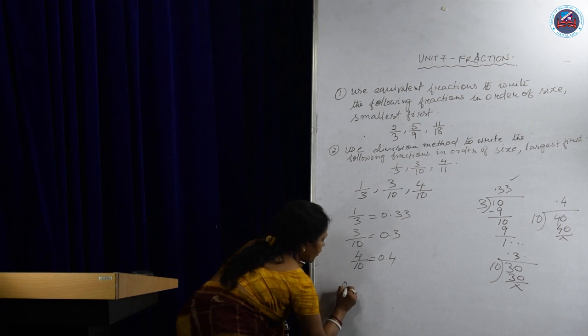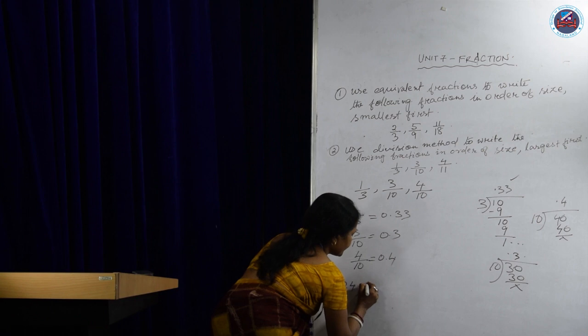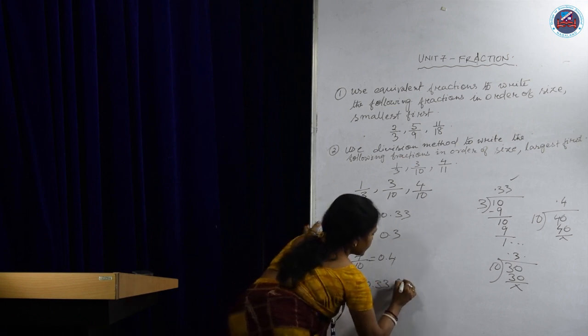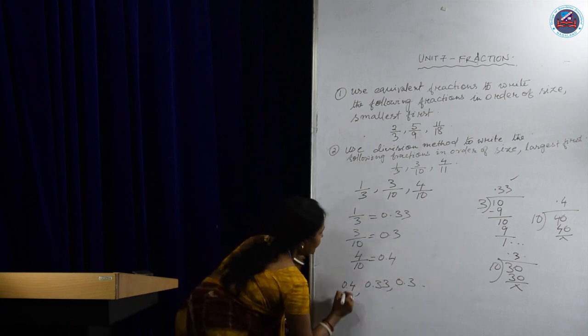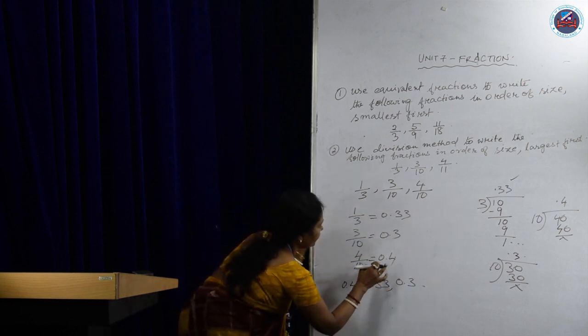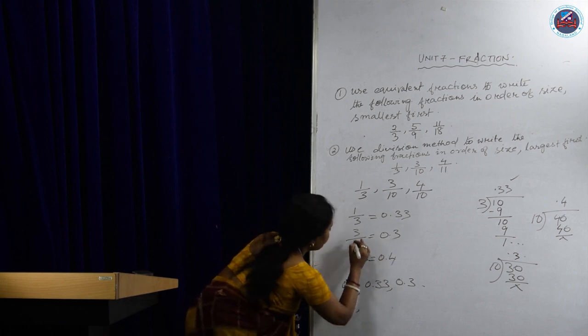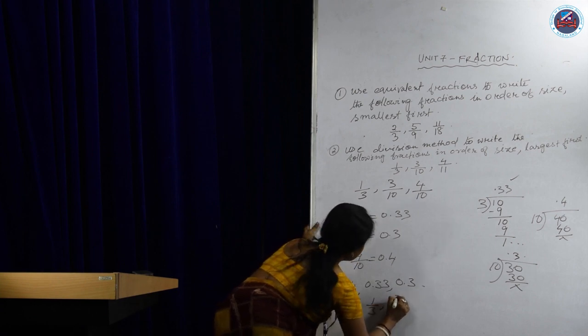It is 0.4, next is 0.33 and last is 0.3. So against these decimals we get the fractions 4 by 10, next is 1 by 3 and 3 by 10.